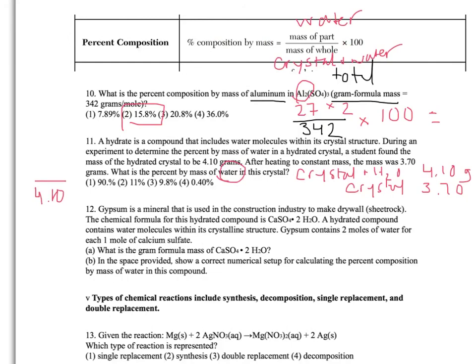Notice that we have the mass of the crystal in the water and the mass of the crystal. So to find the mass of the water, we will subtract to get the mass of just the water. When we put this in our calculators, we should find that the mass equals 9.75%, which will round to 9.8.